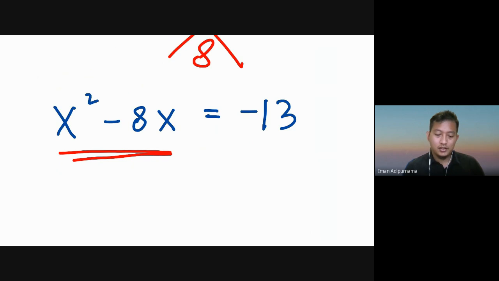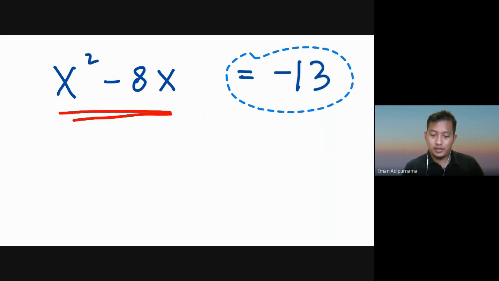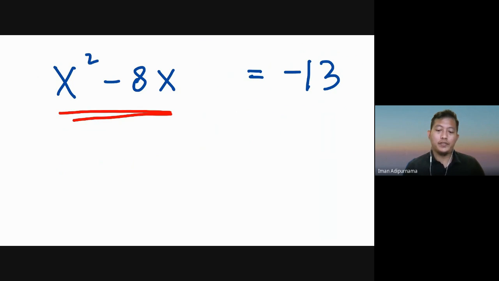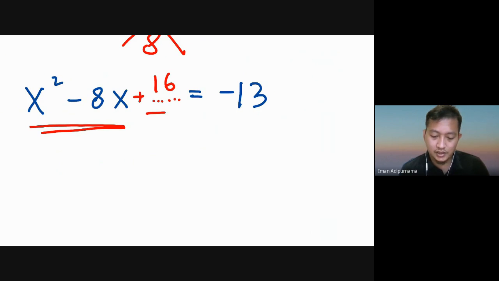What would we need to add to x squared minus 8x? What will that number be? If I put 16, I can factor it, right? It will be a perfect square. And if we add 16 here, we need to add 16 here.